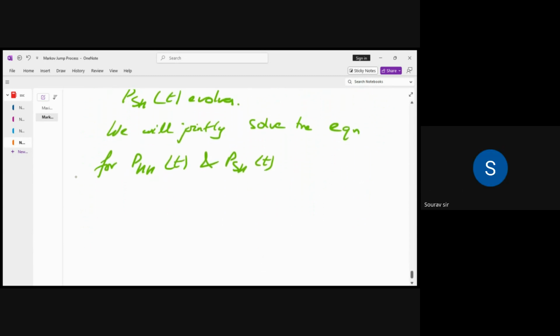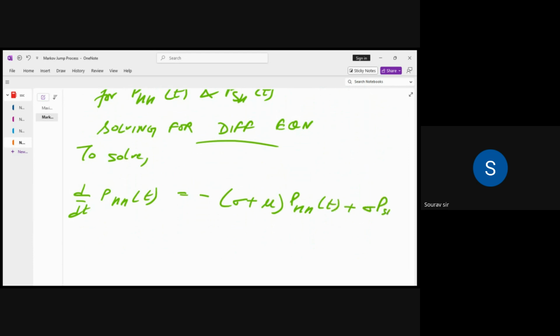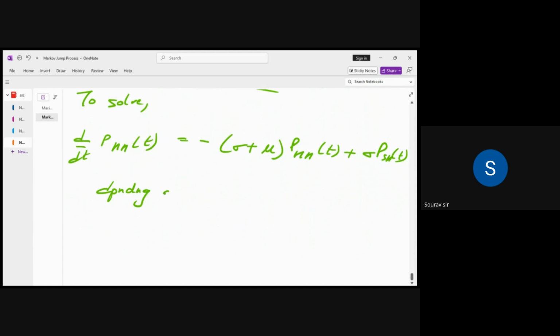Now, solving the differential equation. To solve d/dt P_HH(t) is minus (theta plus mu) P_HH(t) plus theta P_SH(t), we will consider different approaches depending on whether P_SH(t) is known.